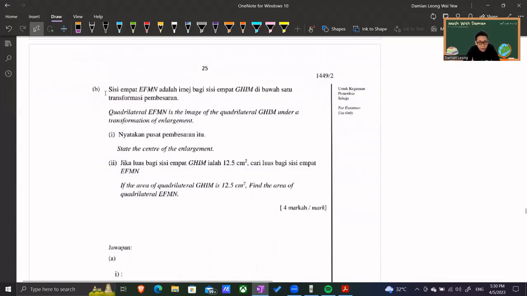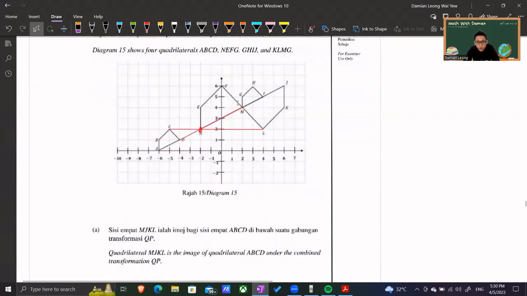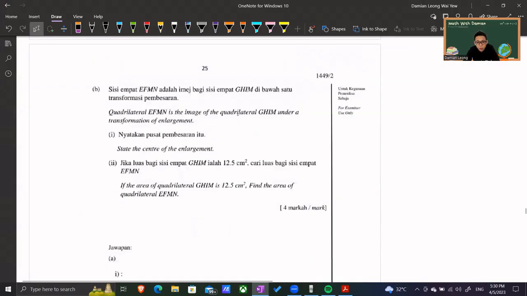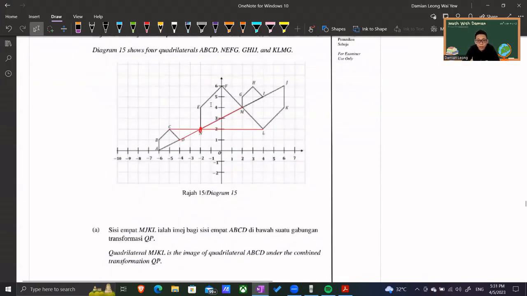For part B, quadrilateral EFMN is the image of GHIM under a transformation of enlargement, state the center of enlargement. EFMN, GHIM, these two. So also an enlargement.